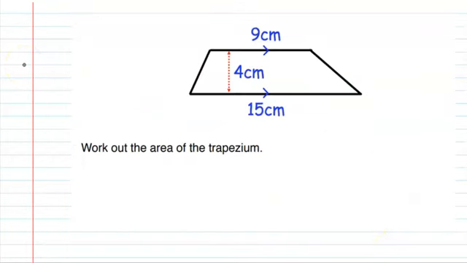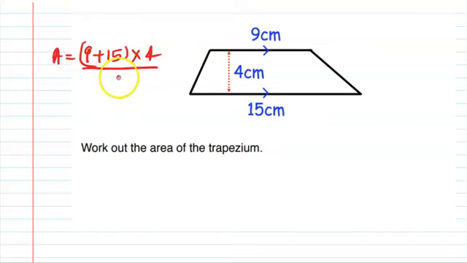Next question. So in this question also you need to find the area. You can see there's a trapezium. Rajan, why is this a trapezium? Because there are two parallel sides. Very well said. So what is the area formula? 9 plus 15, times 4, that is the height, and divide by 2.